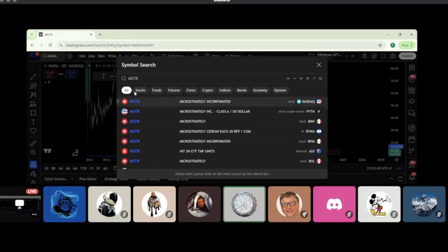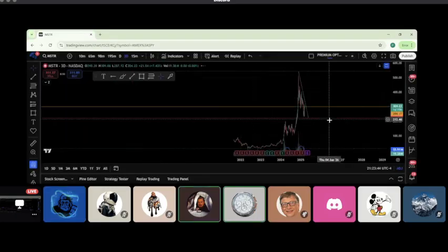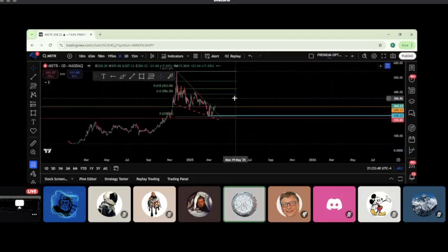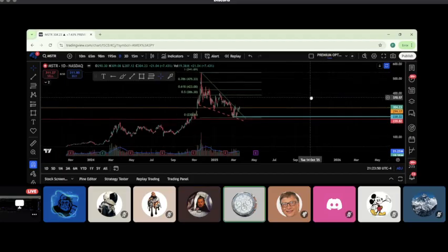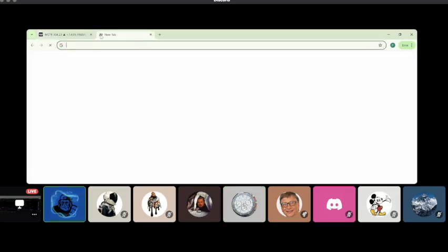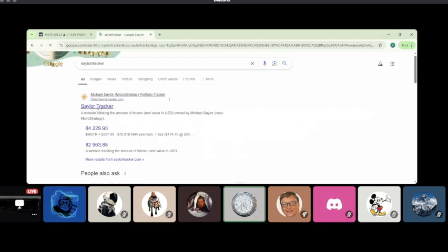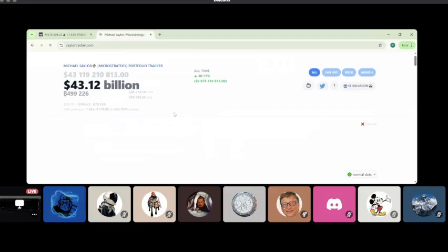Because MSTR also has kind of the largest Bitcoin reserve, right? Everybody else is putting some, but I think MSTR has the most on their balance sheet. Yeah, and we can go and find out. Oh, wow. Jeez. He has 43 billion.